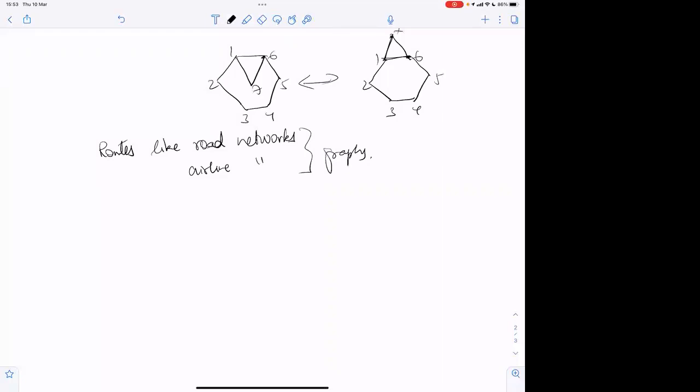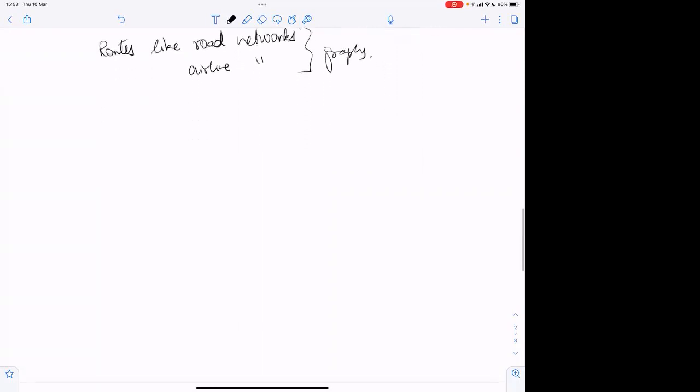And here we must distinguish between two kinds of graphs, which are directed graphs and undirected graphs, but we'll come to that later. So another example is course dependencies.